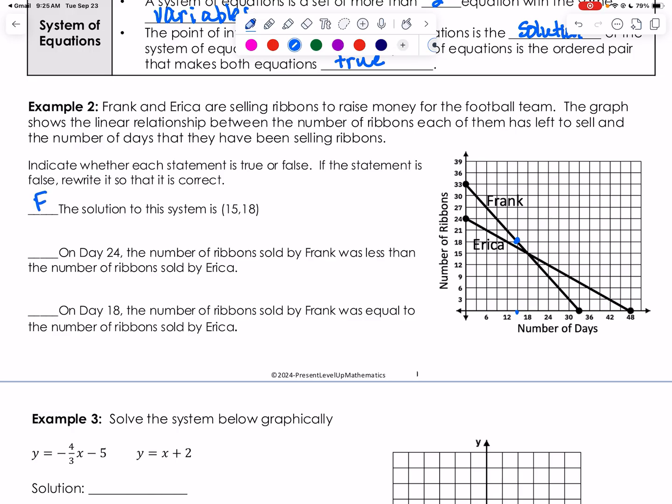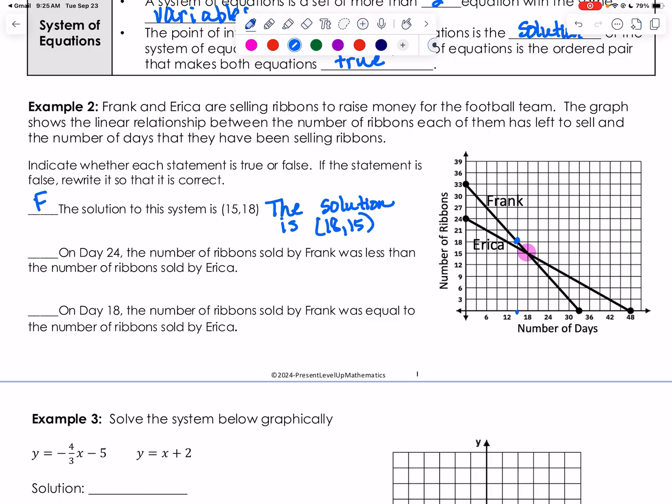The real solution to this system would be the point right here. And so that point would be 18, 15. So they just had it backwards, which is a very common error I frequently see students make.